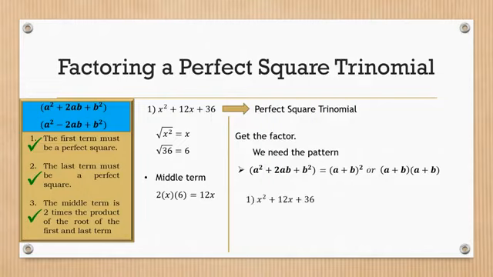So, you write down now, kay pangitaon na nato ang factor. Unsaon pagpangita sa factor? Ingon niya, class, kailangan lang nato ang root sa imong first term. Ang root sa imong first term mao na si A, di ba?